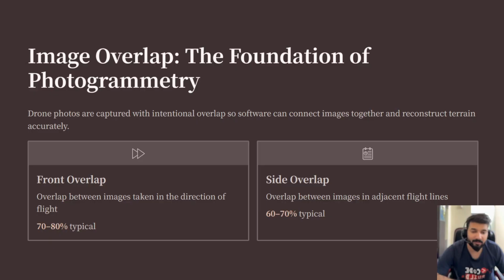Typical drone surveys use about 70 to 80% front overlap and 60 to 70% side overlap. This ensures the photogrammetry software has enough shared visual information to reconstruct the terrain accurately.